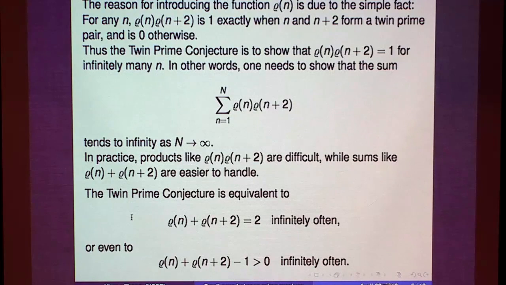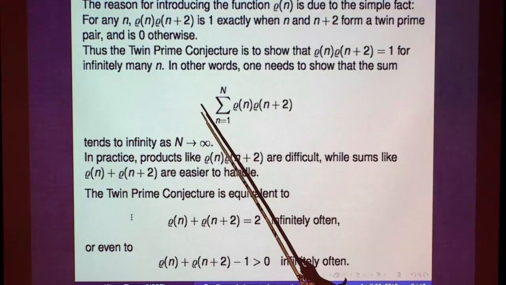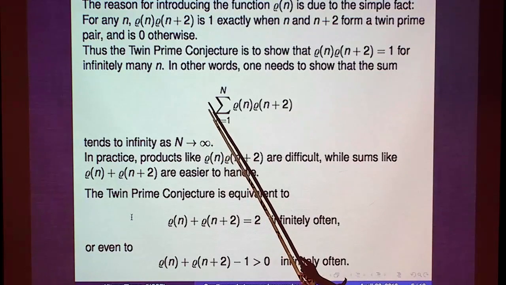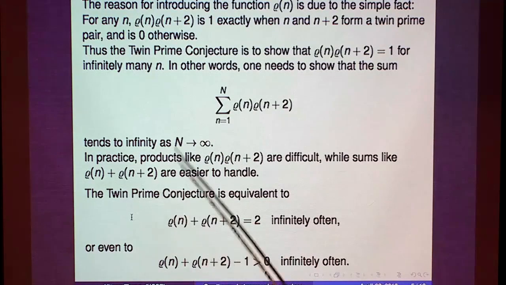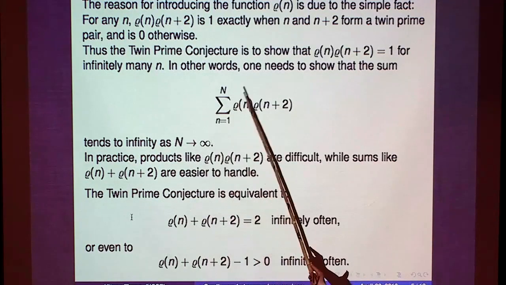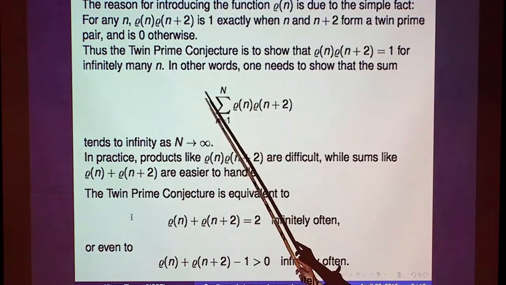Now, why do I introduce such a function? It is due to the following simple fact. For any positive integer n, rho of n multiplied by rho of n plus 2 equals what? It also takes exactly two possible values. It is equal to 1 just when each factor is 1.